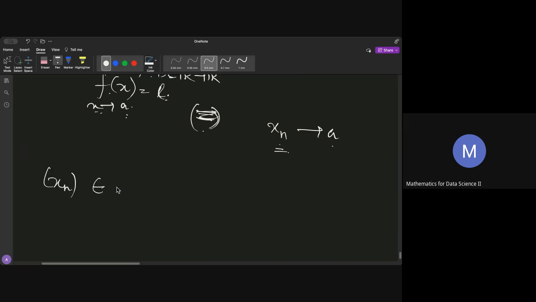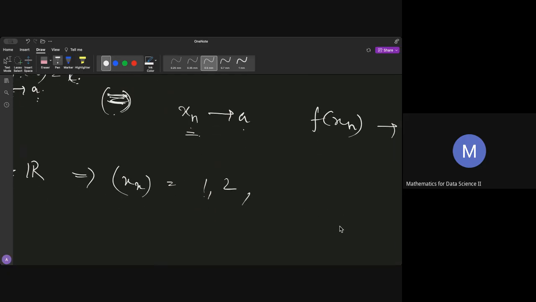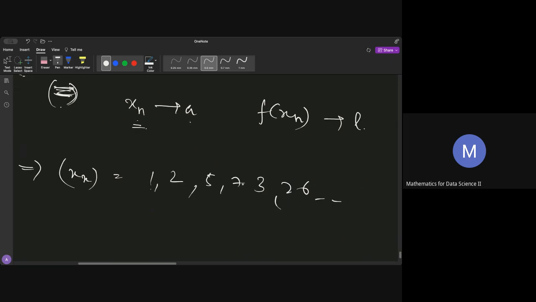If I say this is a sequence in R, then your xn could be 1, 2, 5, 7, 3, 26, and it keeps going on. A sequence simply is a collection of scalars. This is a sequence, right?